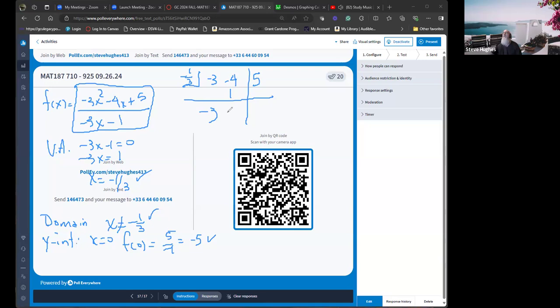Negative 4 plus 1 is negative 3. Negative 1/3 times negative 3 is 1. That's 6. There's my slant asymptote right there. Y equals negative 3x minus 3.